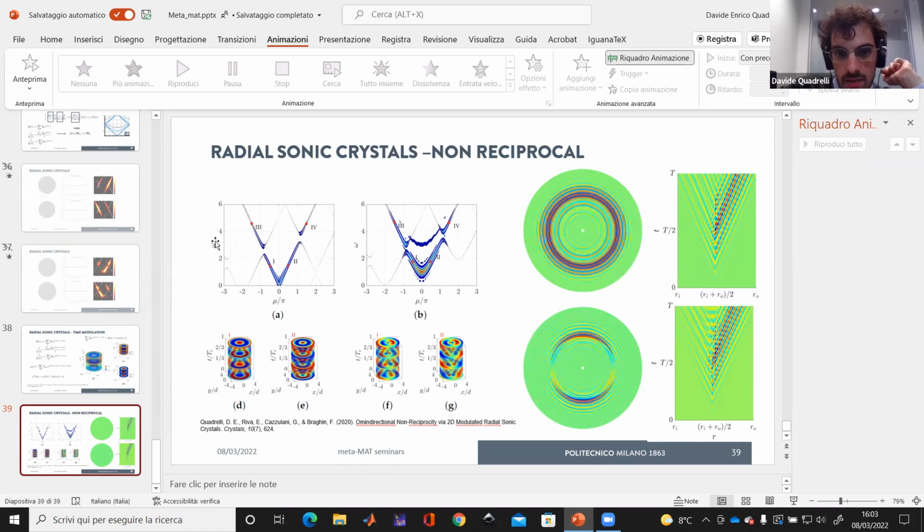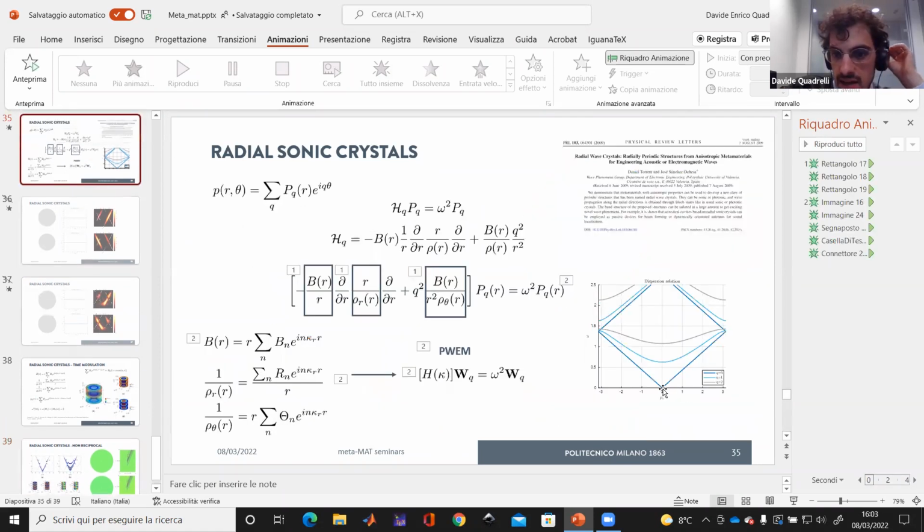Yeah, for all modes higher than the monopole, you kind of have a band gap in the low frequency regime, basically a band gap for frequencies going to 0.